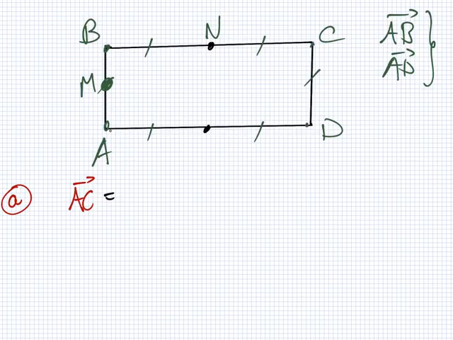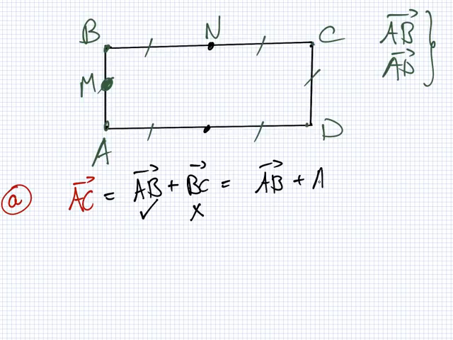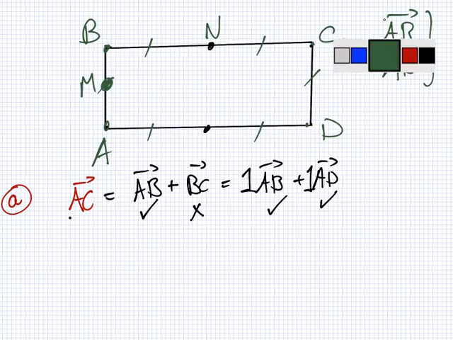Okay, so let's have a look at AC, A to C. Well, I could say that's just AB plus BC. Now, AB, this is good, but BC, not good, because we want AB and AD. But if you look, BC is the same as what? AD. So you could write this as AB plus AD. And now, you've written this vector as 1AB plus 1AD, so to speak. You've written AC in terms of AB and AD. So we'll do some more together, but this is our first example.